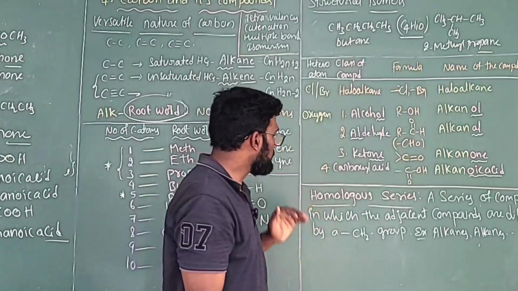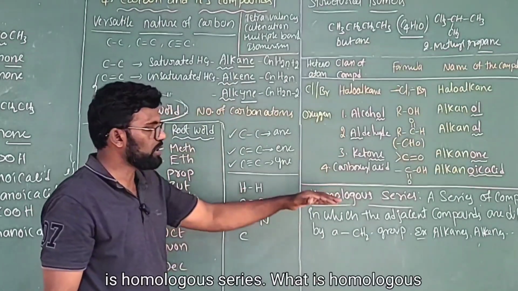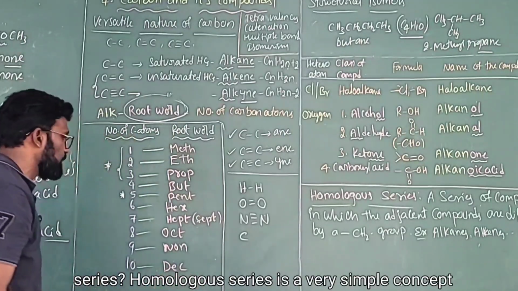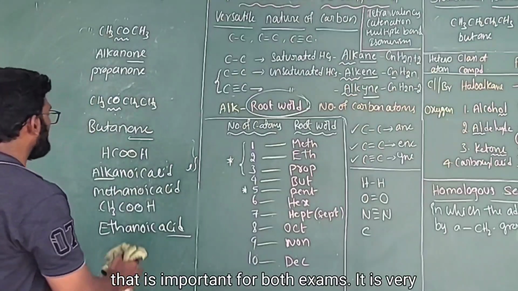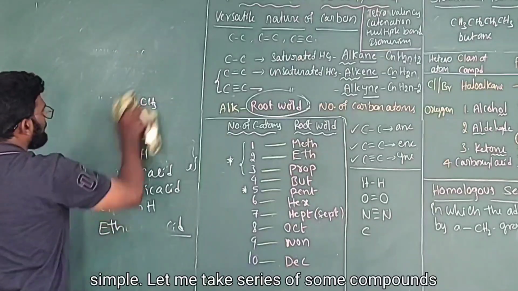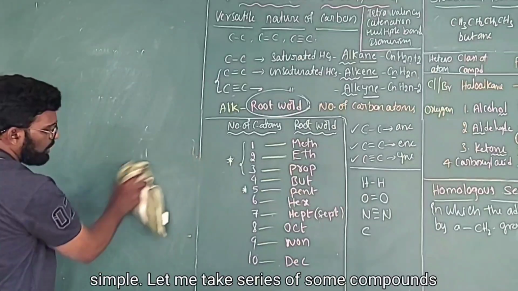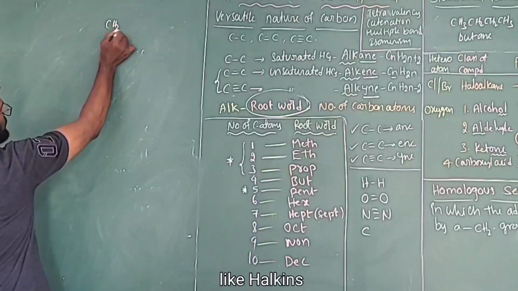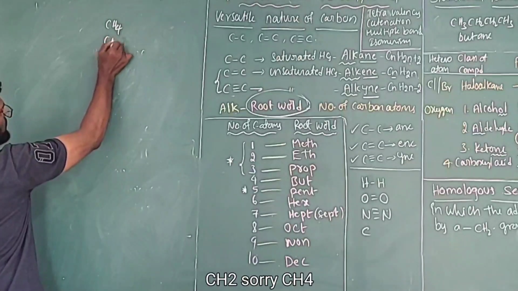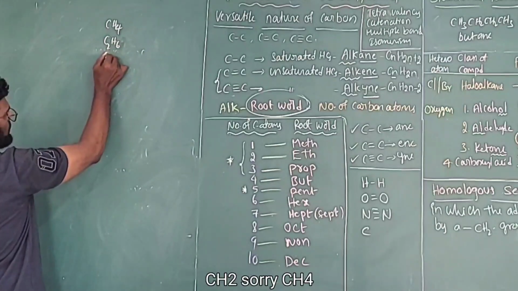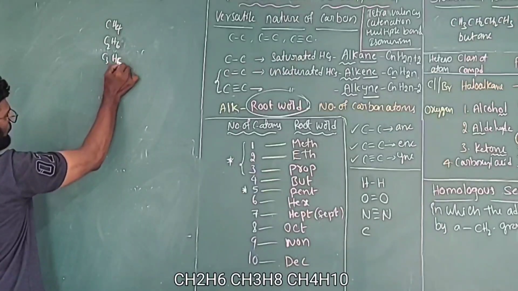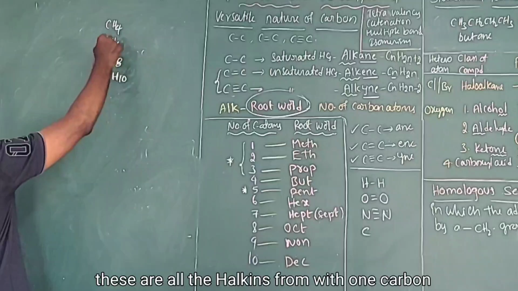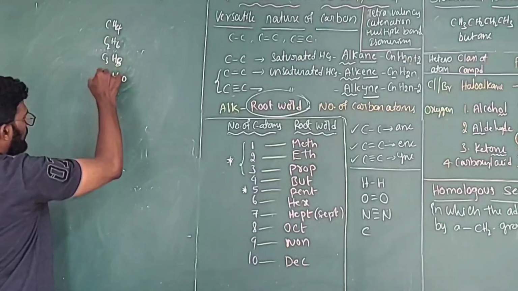That's all. And the last topic is homologous series. What is homologous series? Homologous series is a very simple concept, but important for board exams. Let me take a series of some compounds like alkanes: CH4, C2H6, C3H8, C4H10. These are all the alkanes with 1 carbon, 2 carbons, 3, 4 and so on.